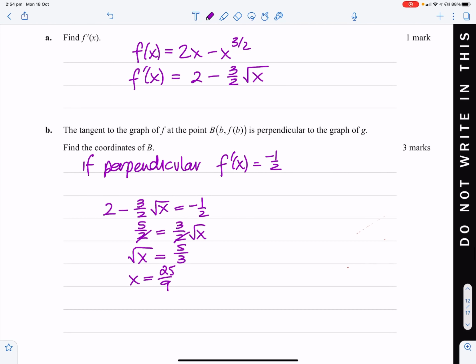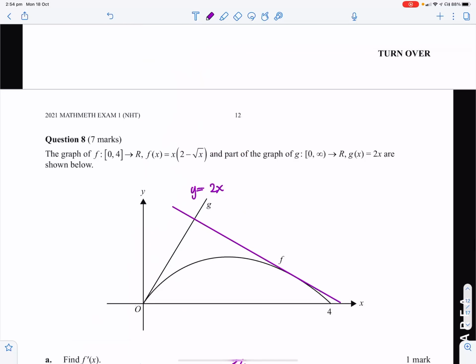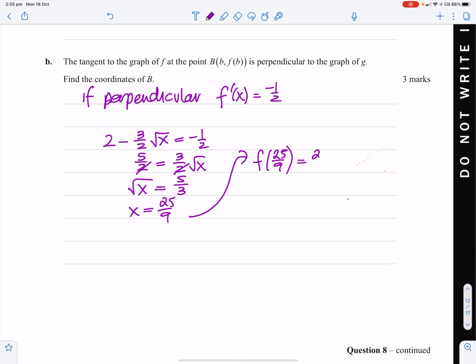Which is nice because we've got to sub it back in and say f of 25 over 9 is 25 over 9 times 2 minus the square root of 25 over 9, which is 5/3, so 2 minus 5/3 is 1/3.